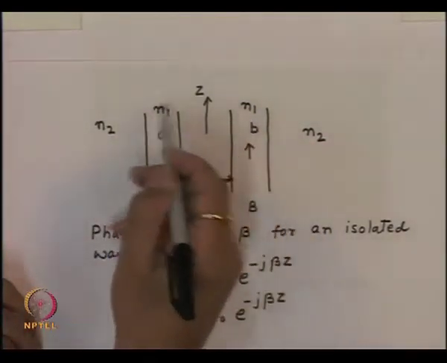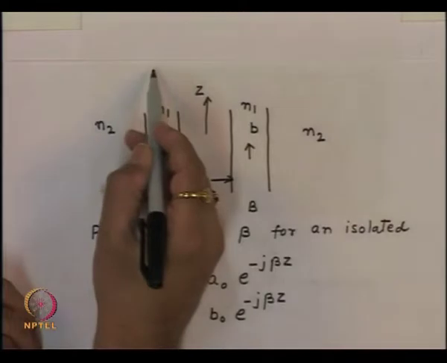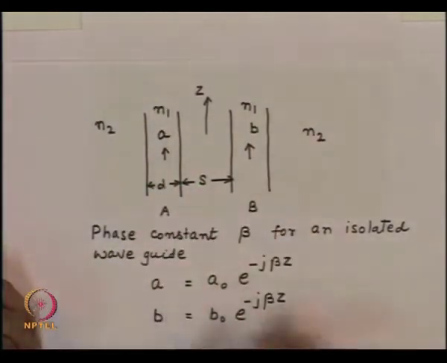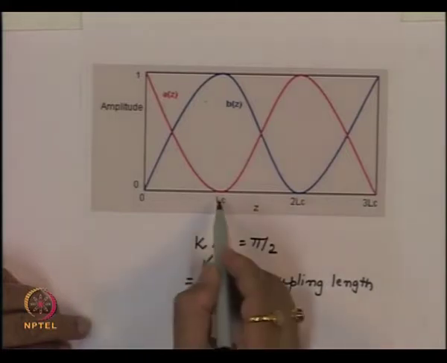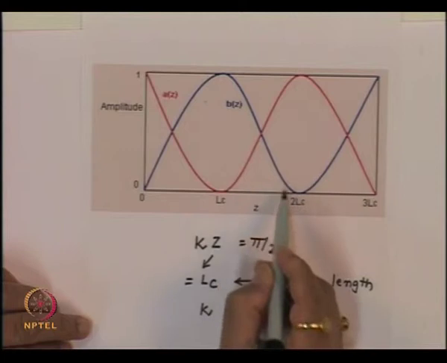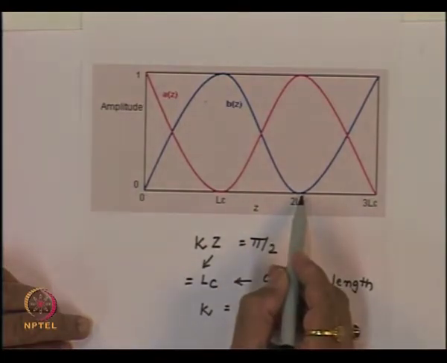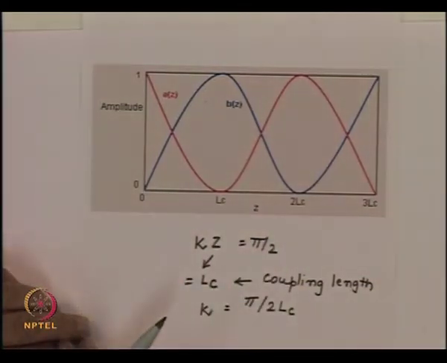Slowly the power starts traveling back, and after two coupling lengths, again the entire power will come back to this and no power will remain here. If I go for one more coupling length, then the power in waveguide B would be 0 and the whole power would again come back to waveguide 1.